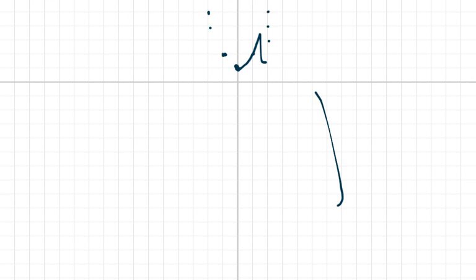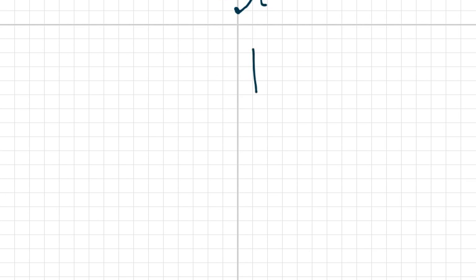Whoops, what happened? Sorry about that. Move this back down. What happened to my graph? Anyway, see if I can get it done here. It keeps moving, so I can't move it. I don't know what's happening. Alright, well, let's just start again.